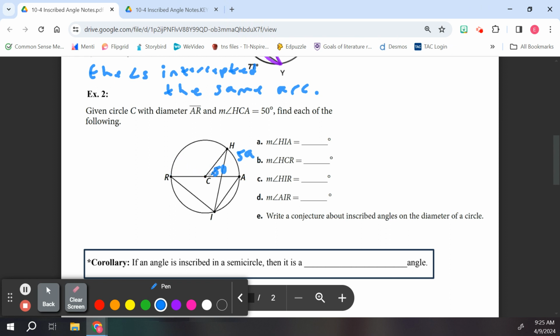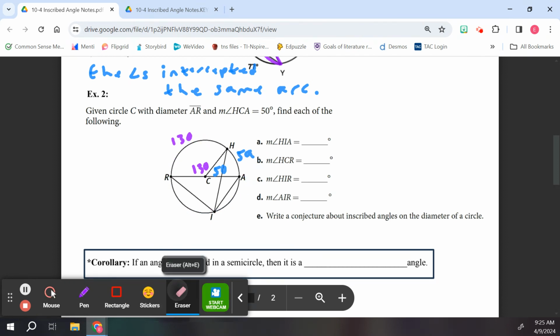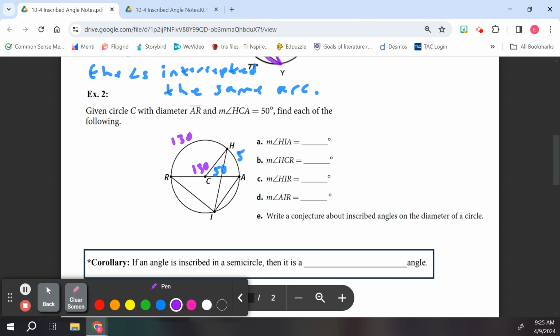Now this is a diameter, so this is 180 degrees, which means this would be 130 degrees, and this would be 130 here. Now, I know I have 180 degrees left here, so I know this is 180. This whole thing should just equal, well, why does it look like a 9? Sorry, that's supposed to be a 0, guys. My apologies. There we go.